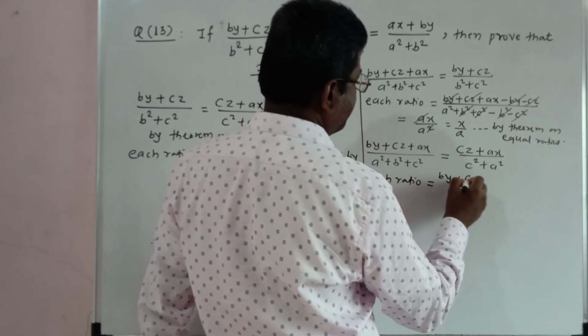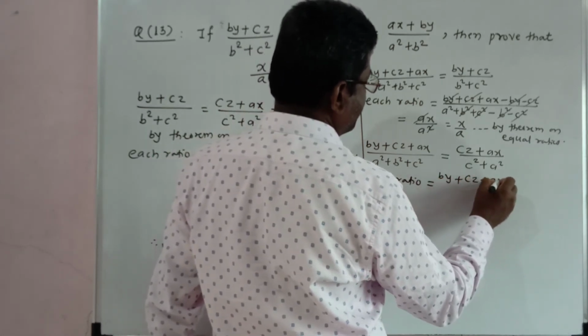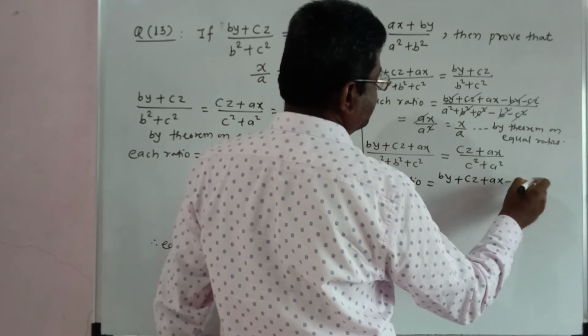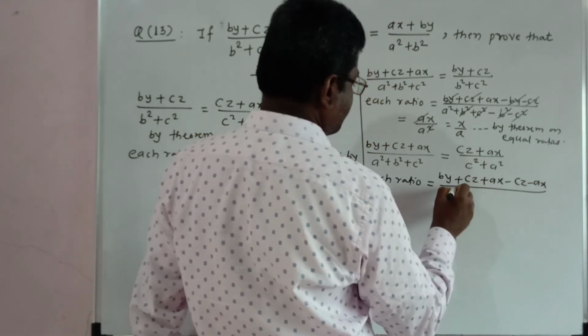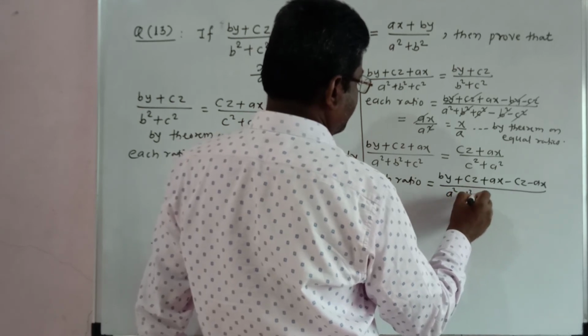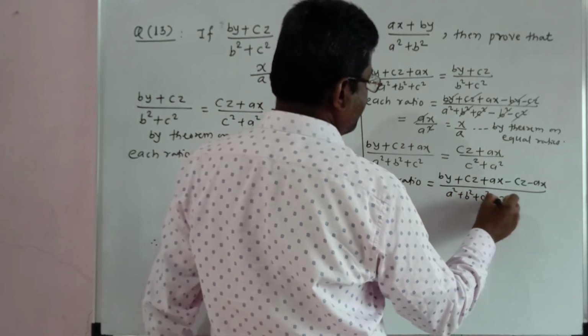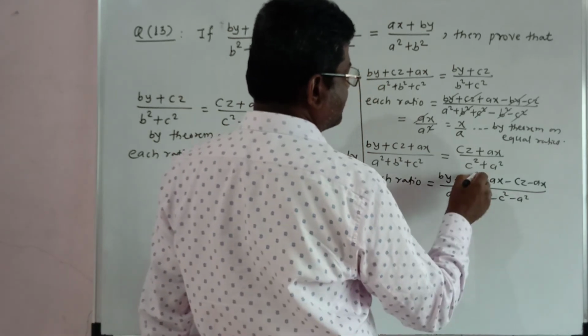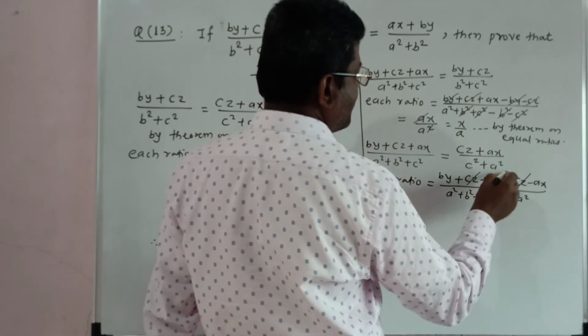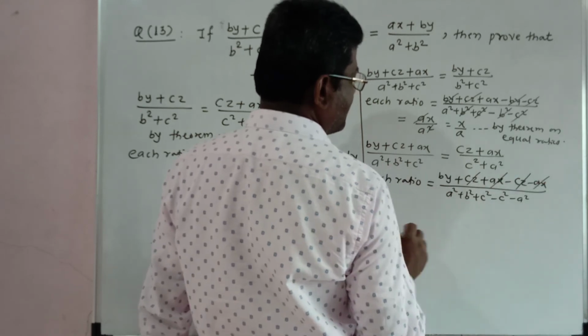Therefore (by plus cz plus ax) minus (cz plus ax), upon (a square plus b square plus c square) minus (c square plus a square). Now here cz and minus cz, ax and minus ax cancel.